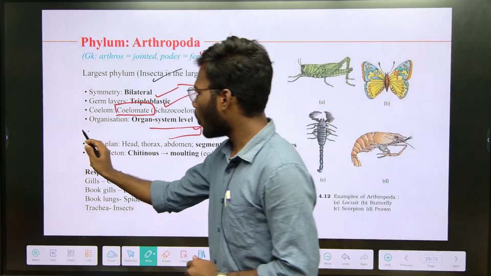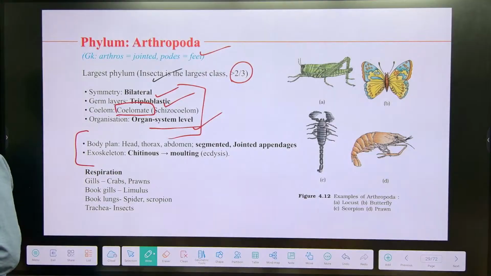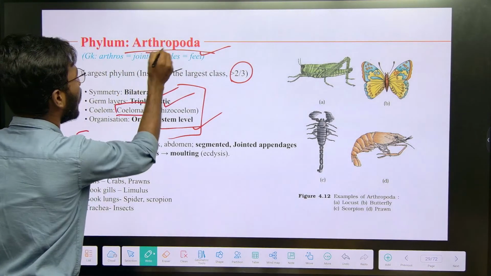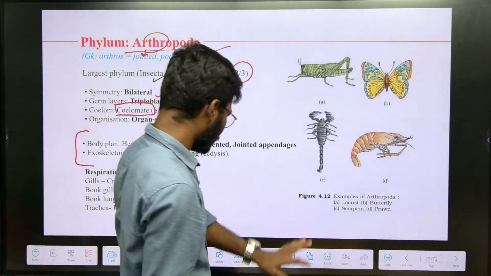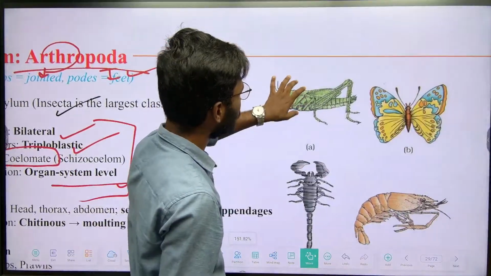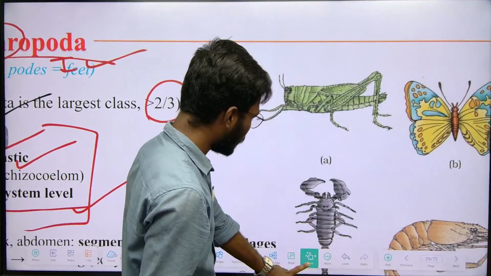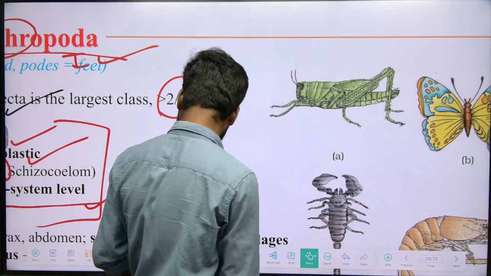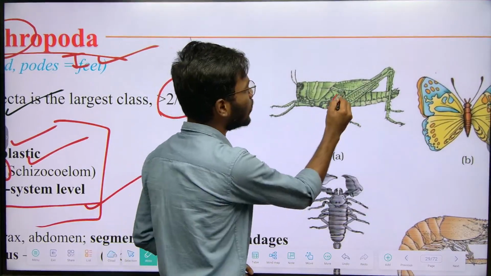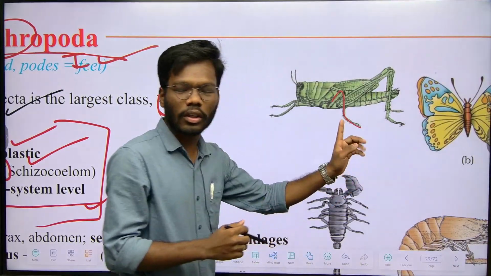The important point is why this phylum is called Arthropoda. Arthro means jointed, poda means feet. If you see the appendages, this is not a straight tube.